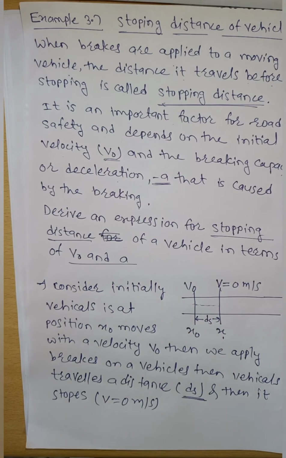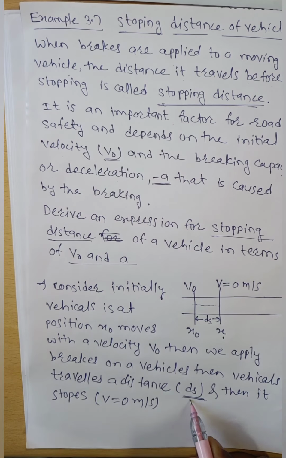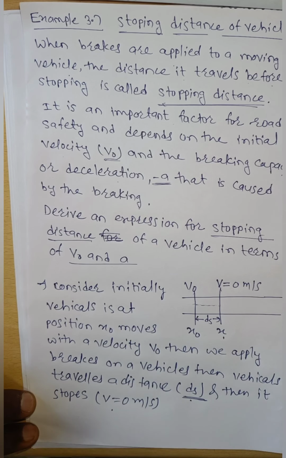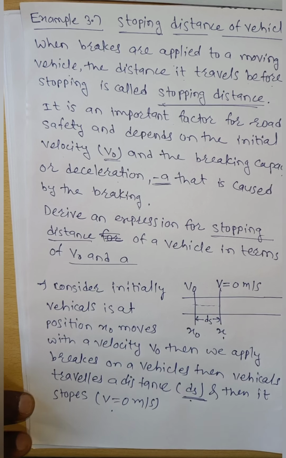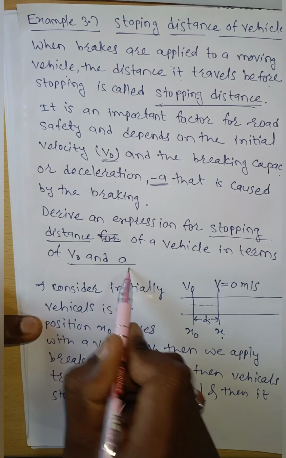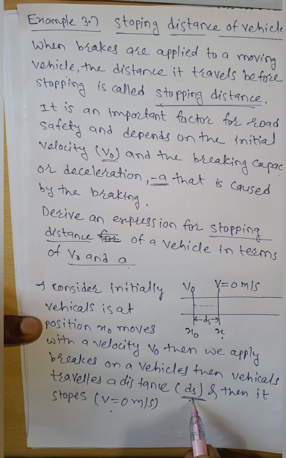Now the initial velocity is v0, the stopping distance is ds and the final velocity is 0. In that case the acceleration is a. Then we have to determine the relation between initial velocity, acceleration and stopping distance.